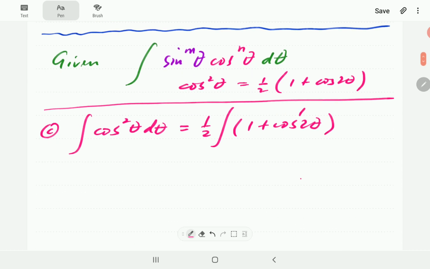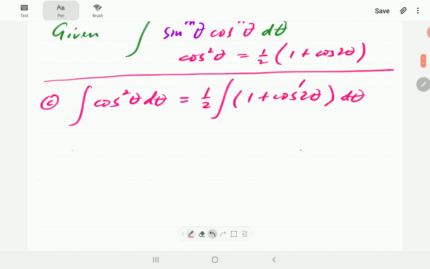So the good thing with this is that the power of cosine here is 1. So if the power is even, then we can use the first rule. Okay, but in this case we don't even need the first rule. We can simply integrate that.